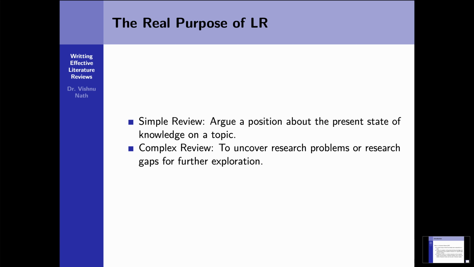Now, when you are doing a complex literature review, reading these sections of the papers is very important because they help us to uncover research problems or research gaps. If somebody has left something to be done as a scope for future work, then that basically indicates a research gap.